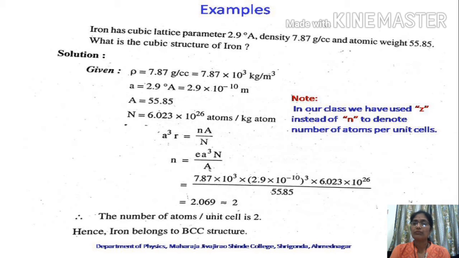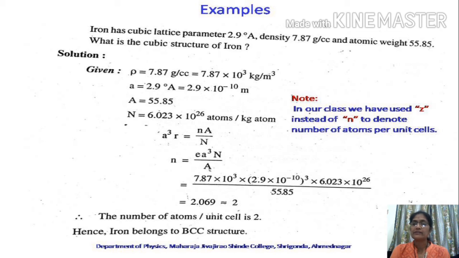Substitute the values in the formula. Z is equal to 7.87 into 10 raised to 3 into the value of a, 2.9 into 10 raised to minus 10, whole raised to 3, into Avogadro's value 6.023 into 10 raised to 26, divided by 55.85. If you substitute all these values and calculate, it gives 2.069.